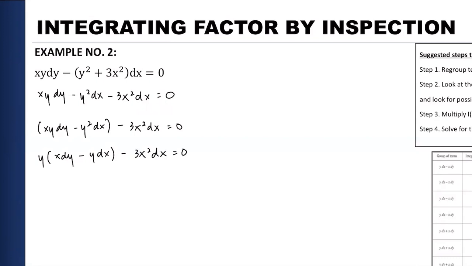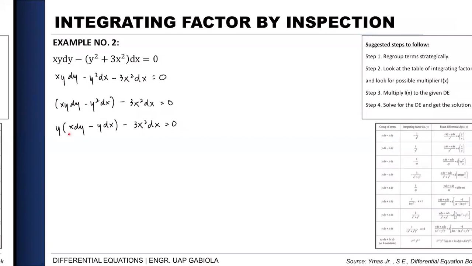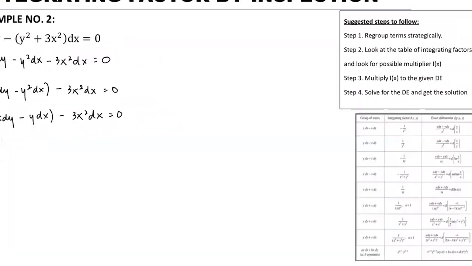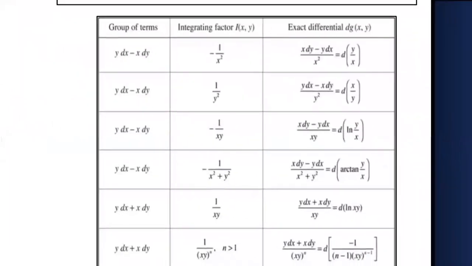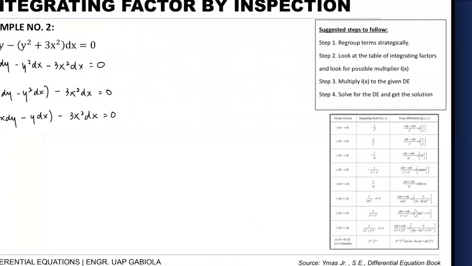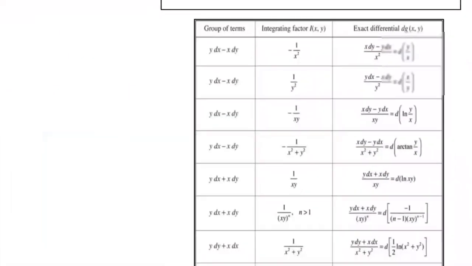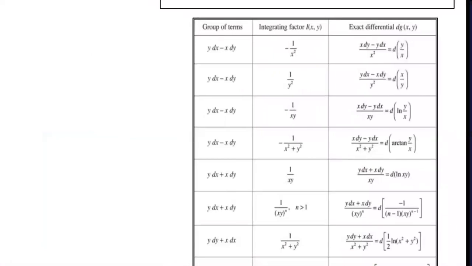Okay, so ayan. So we have group of terms na x dy minus y dx. So referring to our table here, we have x dy minus y dx. So positive x dy siya, no?